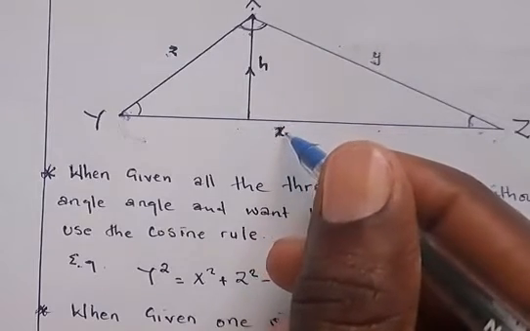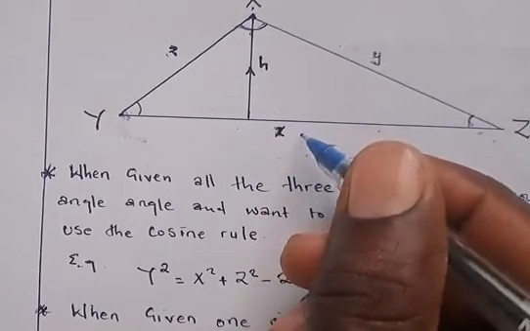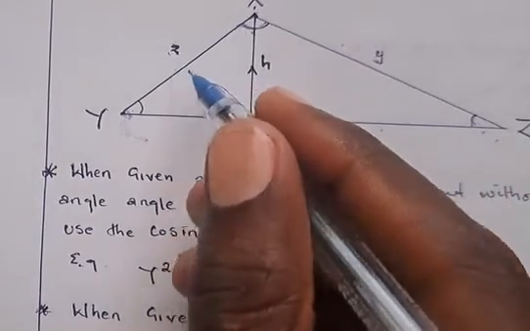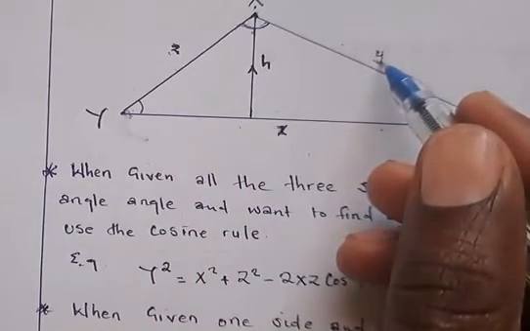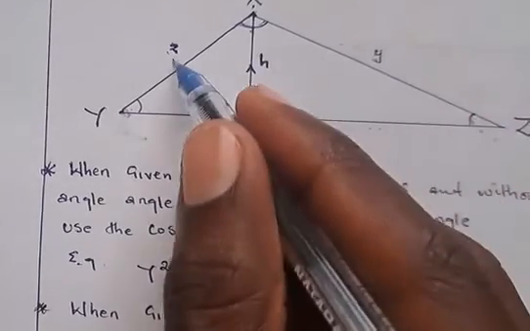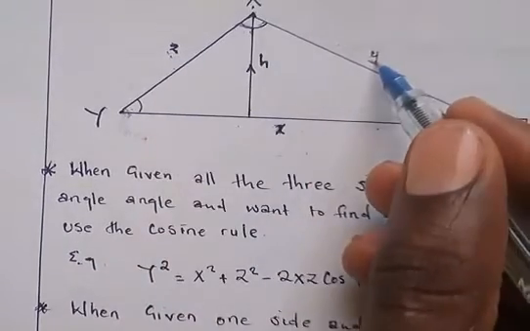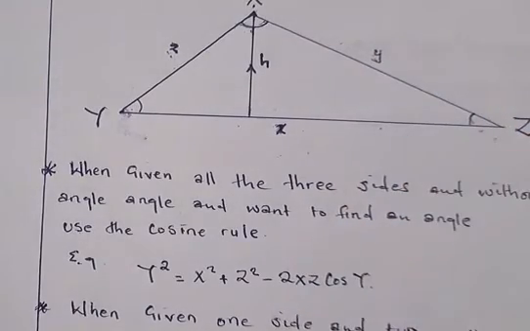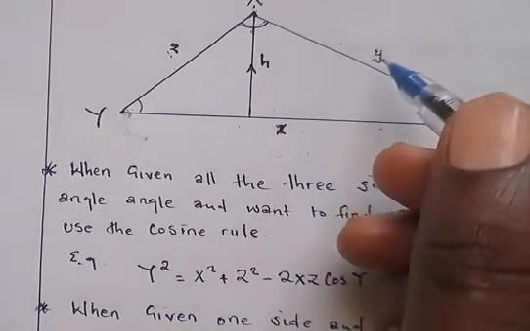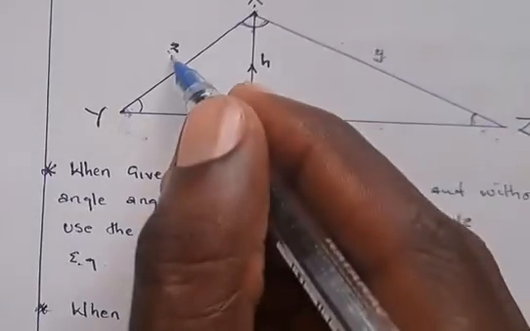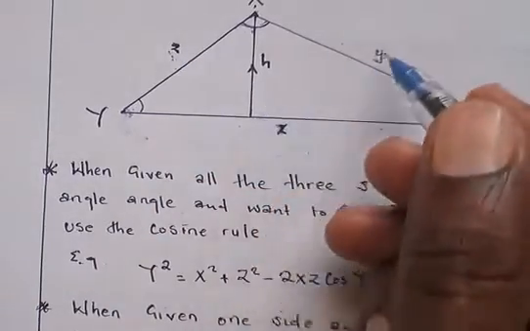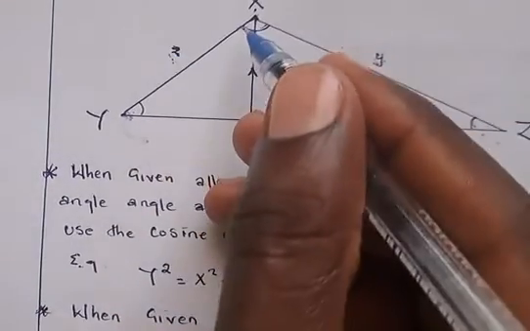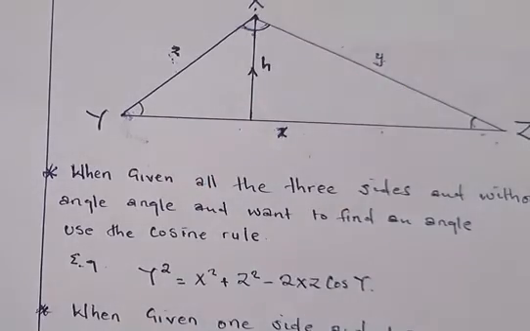We say x squared is equal to y squared plus z squared, or you can just put them following the alphabet. So you can say x squared is equal to y squared plus z squared minus 2yz cosine x. So that would be the formula there.